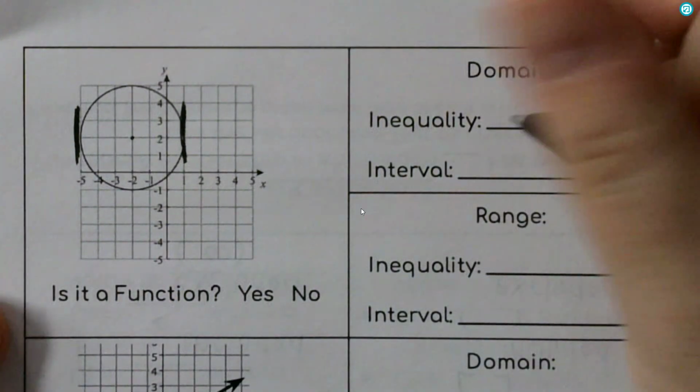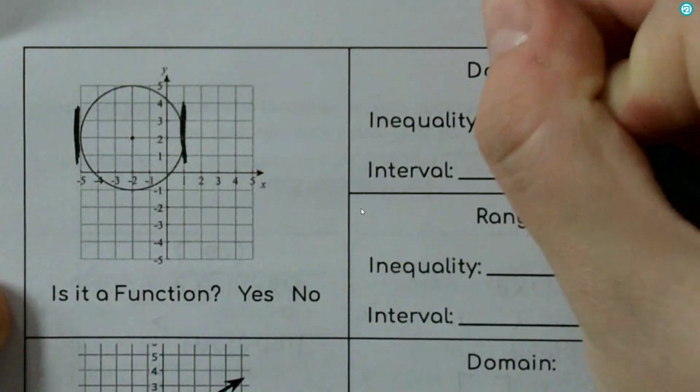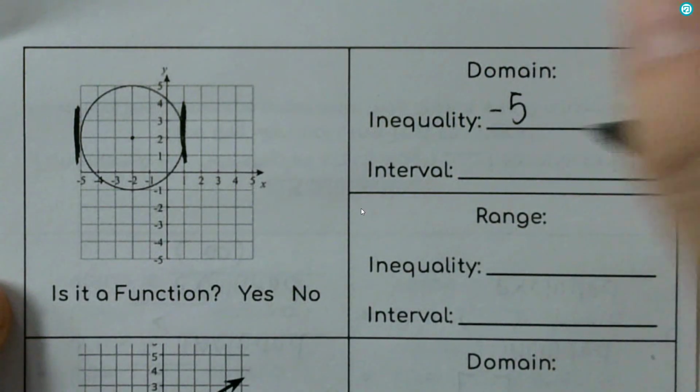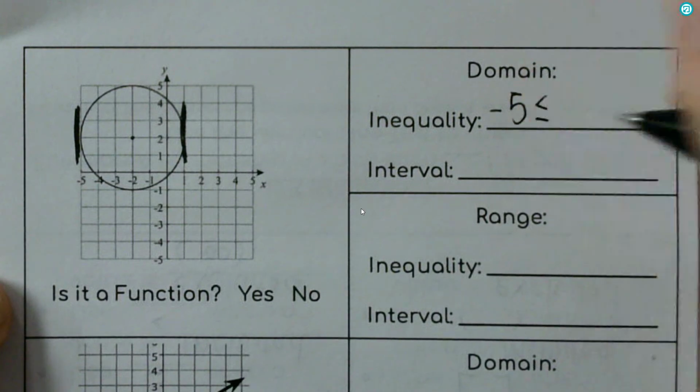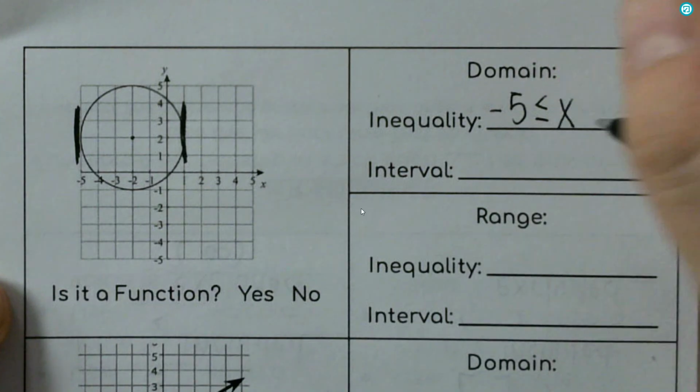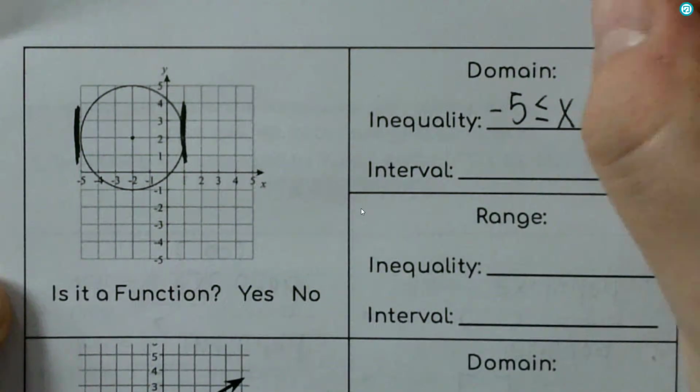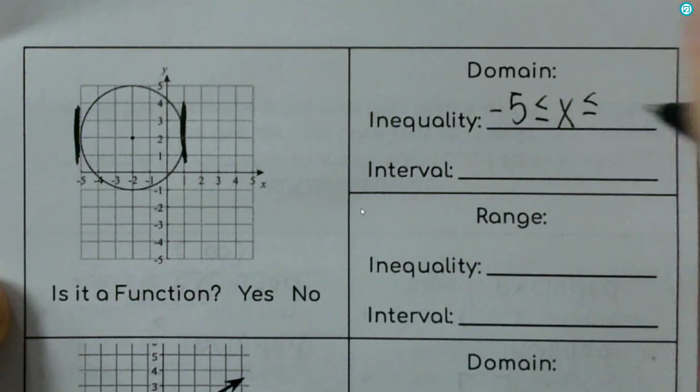We write that -5 is less than or equal to x is less than or equal to 1.